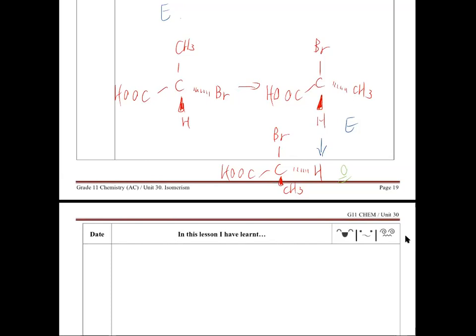Okay, so any question for 4 and 5 here, how to draw enantiomers? No, for odd steps, it will go to the enantiomer.